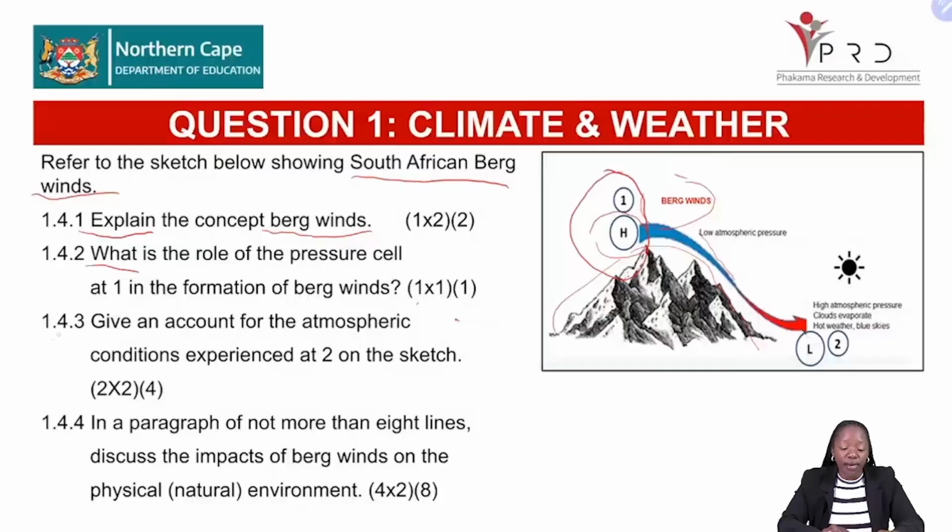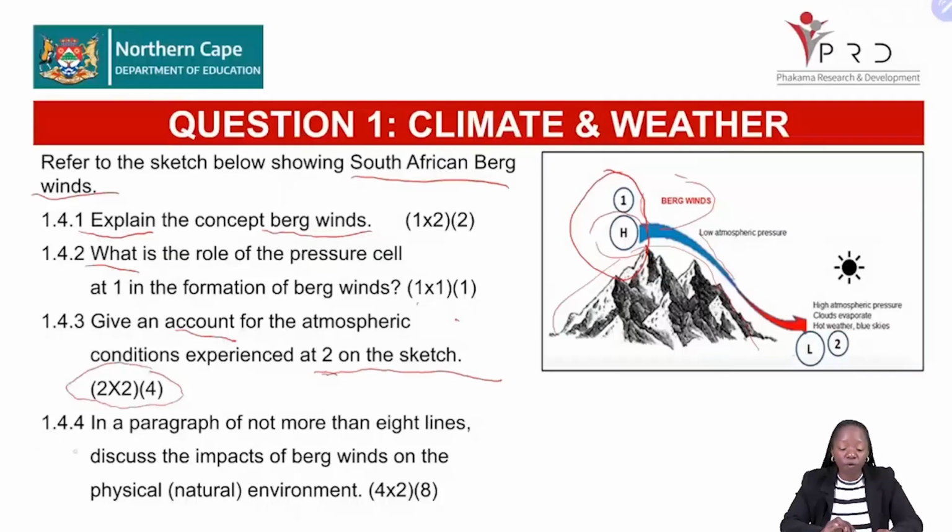Then 1.4.3, give an account for the atmospheric conditions experienced at 2 on the sketch. Again, give an account, it means give a full explanation. Then looking at the mark allocation, which is 2 times 2, which means you need to give 2 responses that will give you 4 marks.